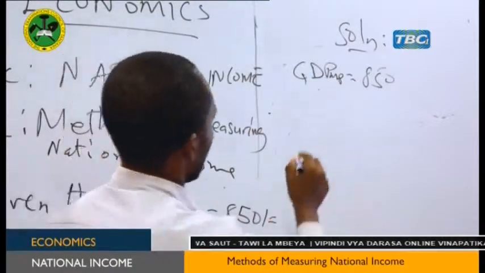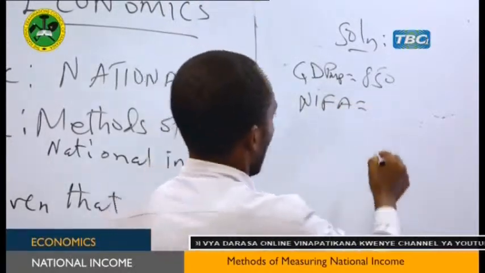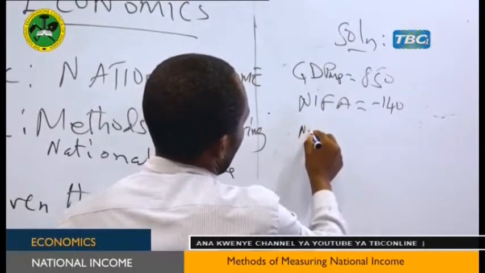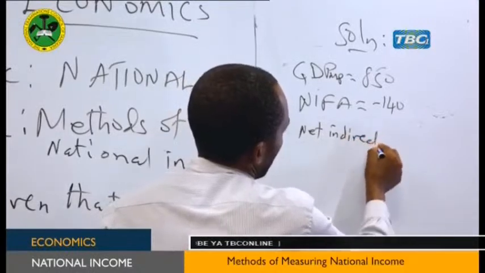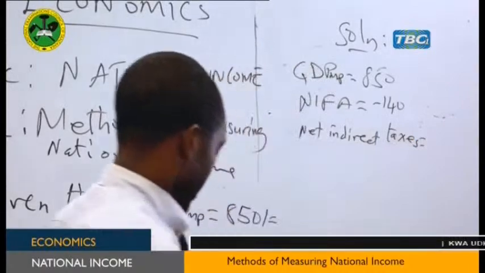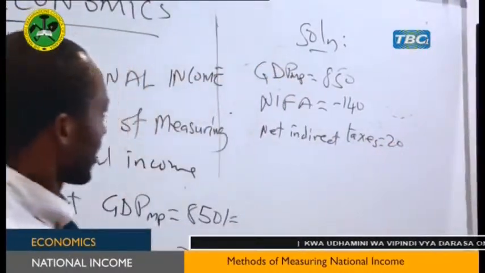Then we are given net income from abroad, which is negative 140, and net indirect taxes, which is equal to 20.